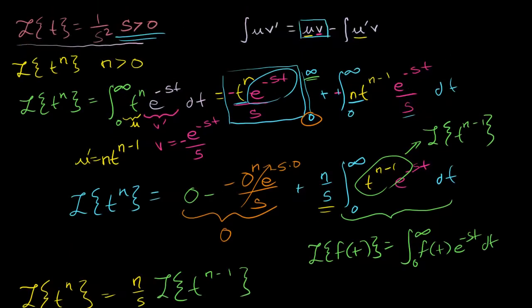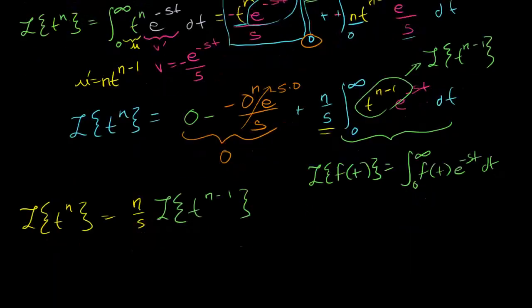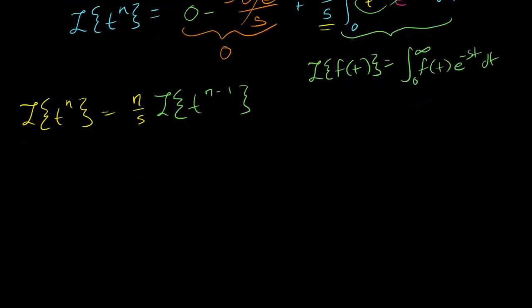So the Laplace transform of just t, let me write that down. I wrote that at the beginning of the problem. We get the Laplace transform of t to the 1, which is just t, is equal to 1 over s squared, where s is greater than 0. Now, what happens if we take the Laplace transform of t squared? Well, we can just use this formula up here.